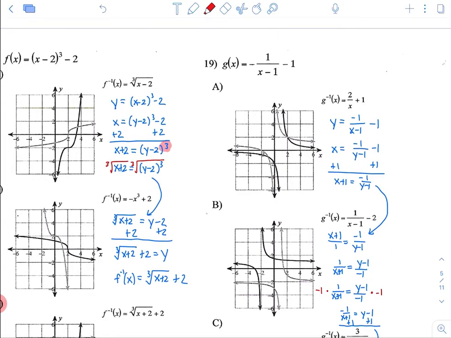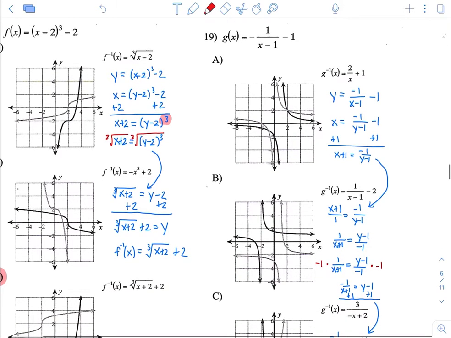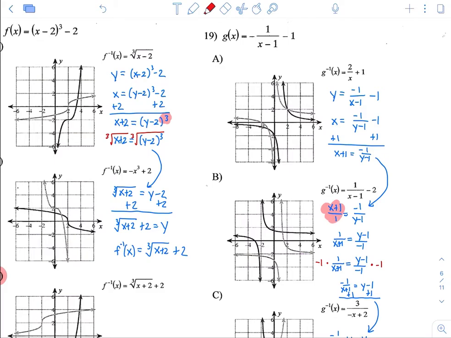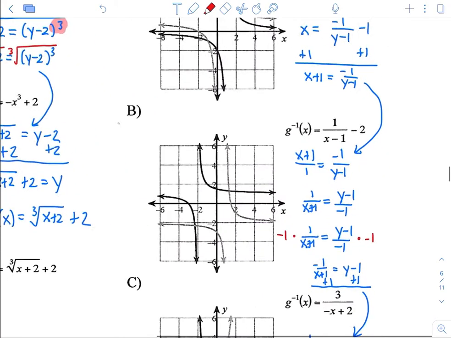19. Alright, so change the g of x to be y. Switch your y and x variables, so this is x now, and this is y now. So now isolate y, so add 1 to both sides, so we get this. Remember, y in the denominator is not ideal, so I put x plus 1 over 1. And now I'm going to flip both sides. So y minus 1 over negative 1, and then 1 over x plus 1.